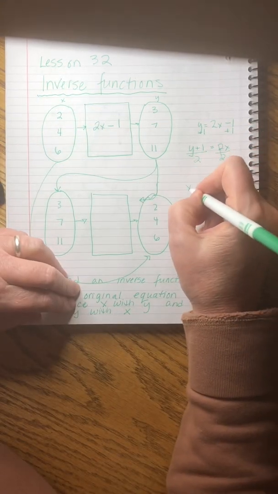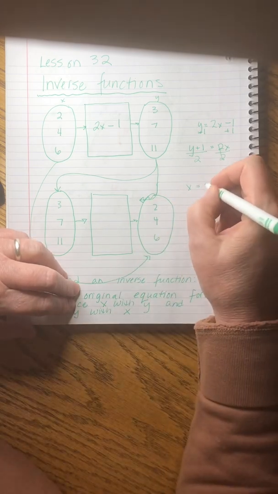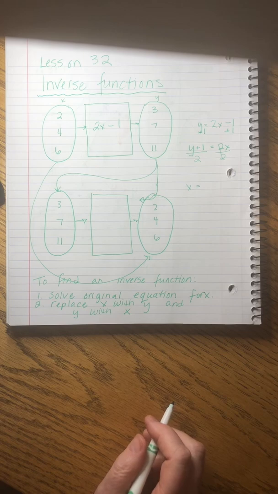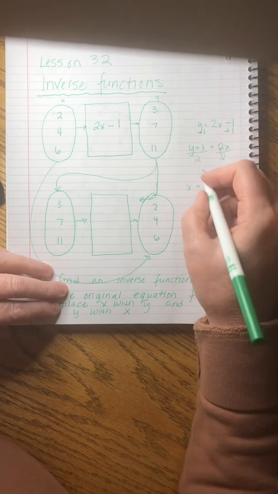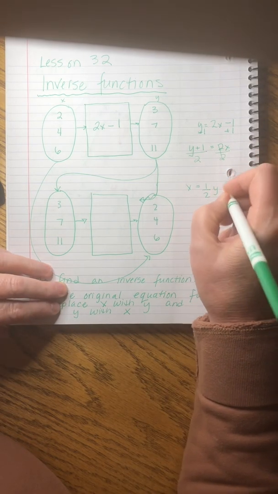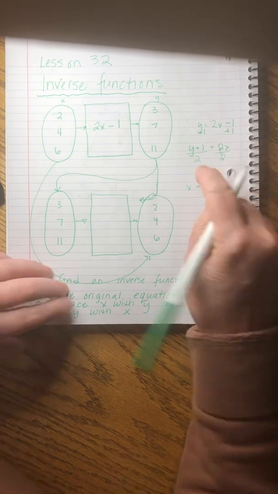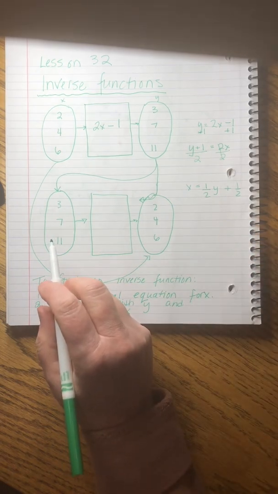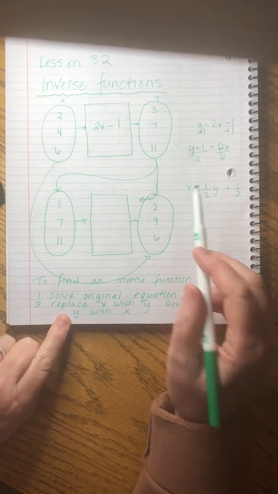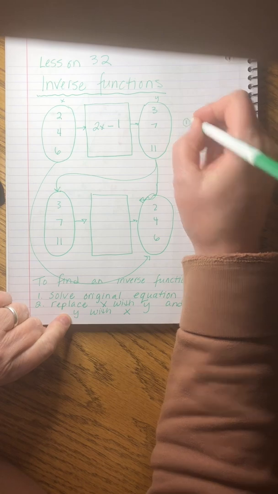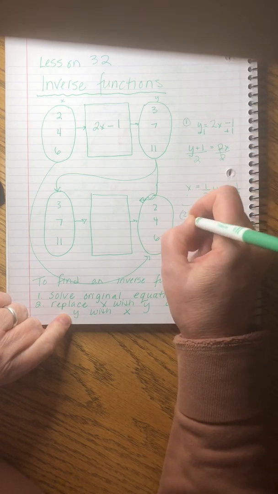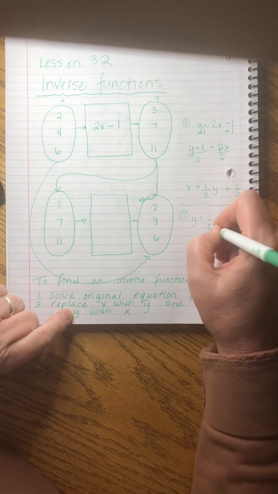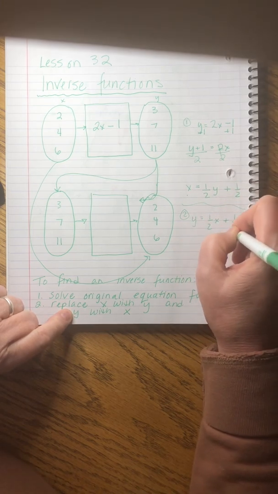I'll get x equals 1/2 y plus 1/2. I'm just pulling this apart to write it as two separate pieces. So this was step 1, and now I'm going to do step 2. I'm just going to swap these out, and it's going to be y equals 1/2 x plus 1/2.